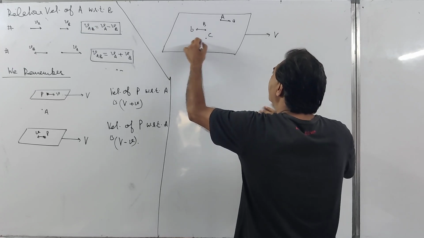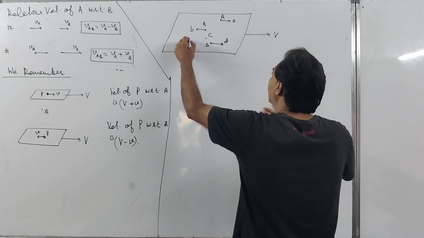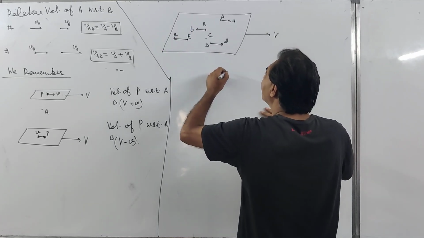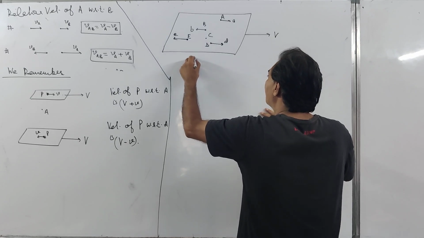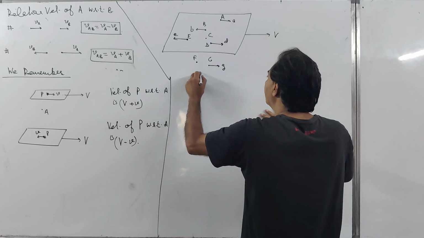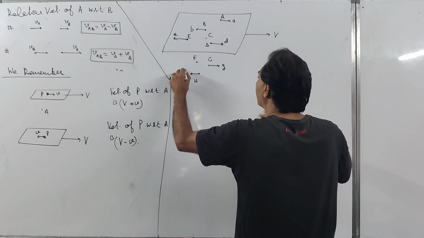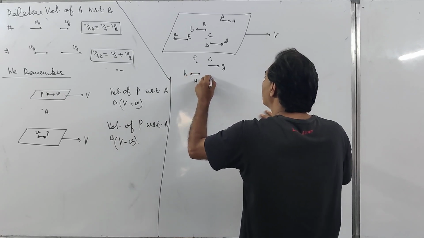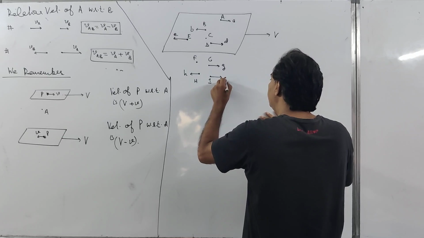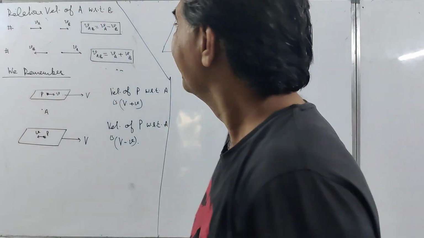There is the person D here who is moving with the speed D, and there is the person E here moving with the speed E. Right? There is the person F here. There is the person G here moving with the speed G, and there is the person H here who is moving with the speed H. And there is the person I here who is moving with the speed I here. बहुत बंदे इधर उधर भाग रहे हैं.